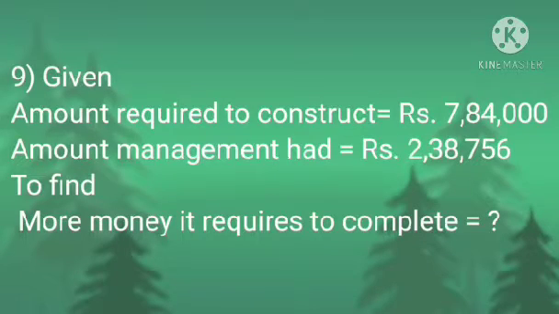Ninth sum. Given: amount required to construct equal to rupees 7,84,000. Amount management had equal to rupees 2,38,756. To find: more money it requires to complete equal to question mark.